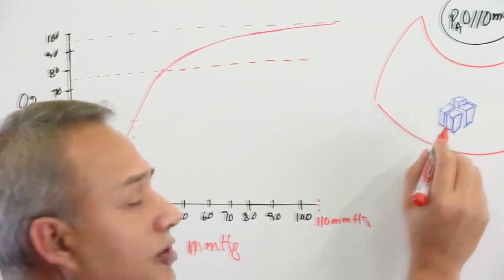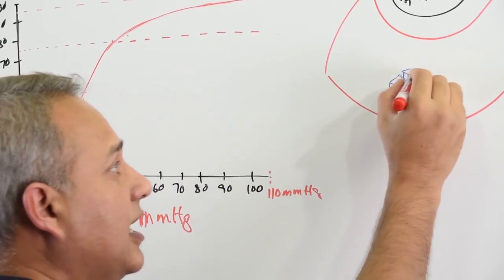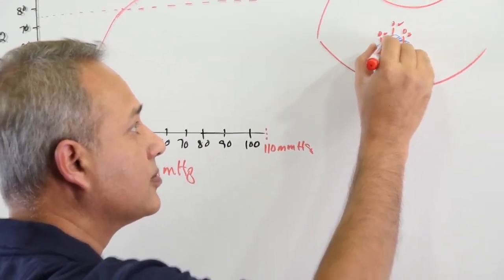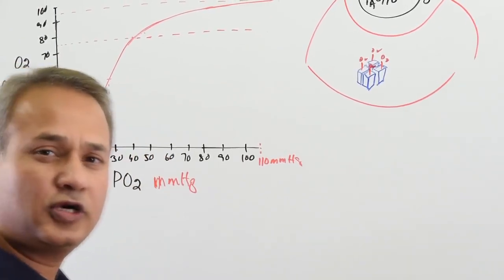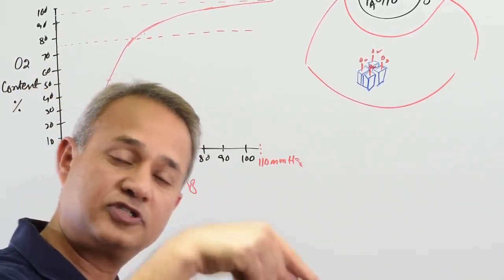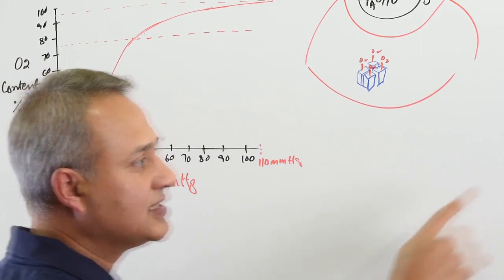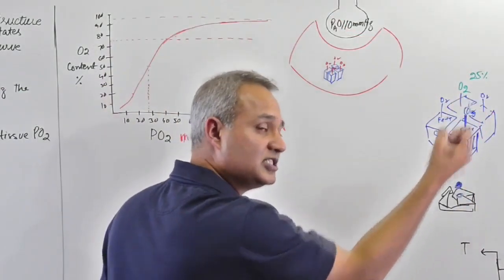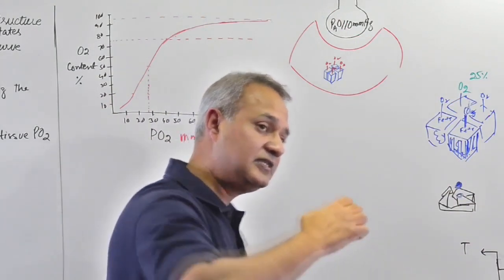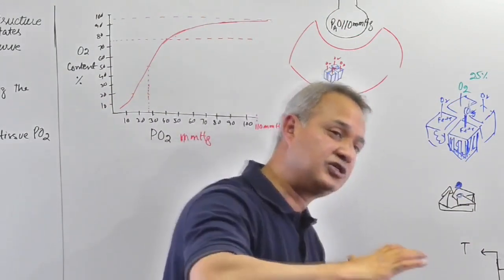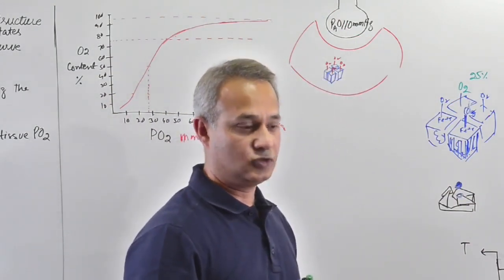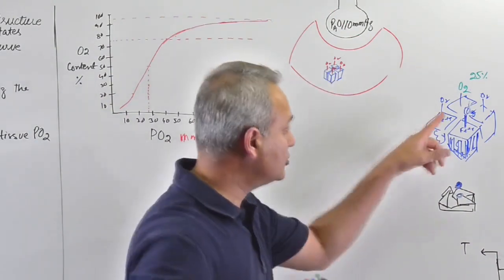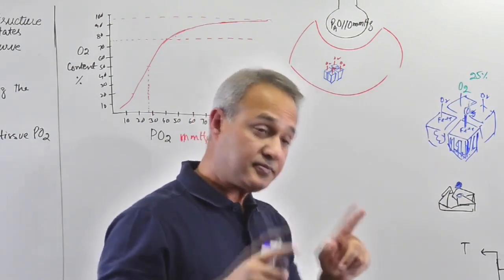That means most of the hemoglobin molecules are fully loaded with oxygen. And why are they loaded? Because of the partial pressure of oxygen being high. That means that the affinity of the hemoglobin to receive oxygen is also contributed by the pressure of the oxygen there. So increased oxygen molecules push the oxygen into the binding sites.